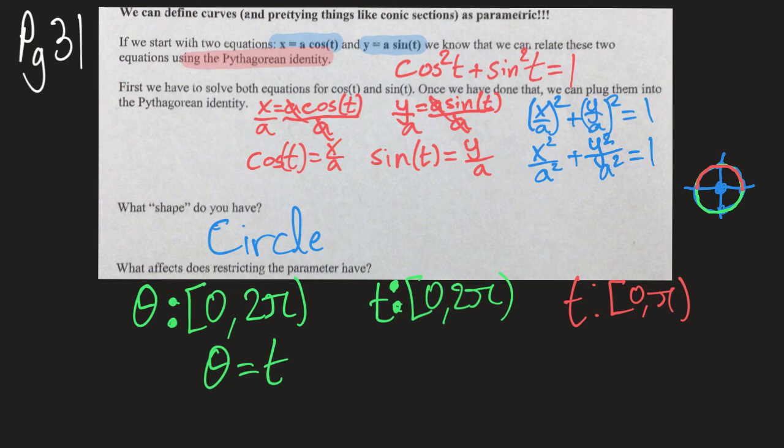And if we had our t be even larger than 2 pi, so let's say 0 to 4 pi, that would be me going around the circle once, twice. Okay?